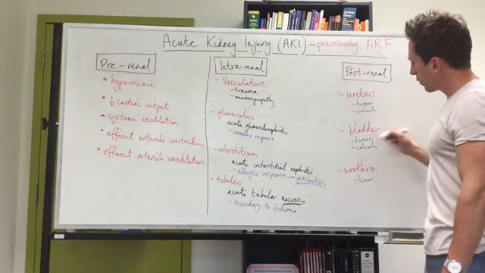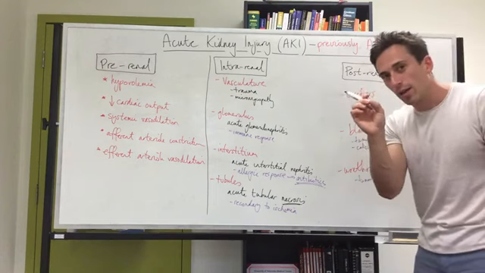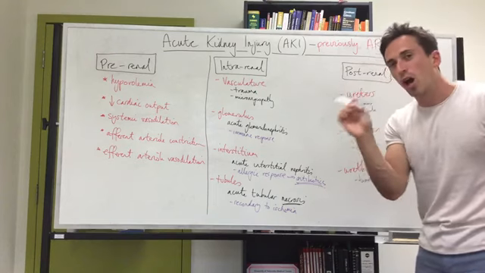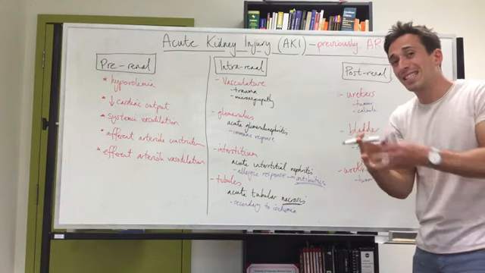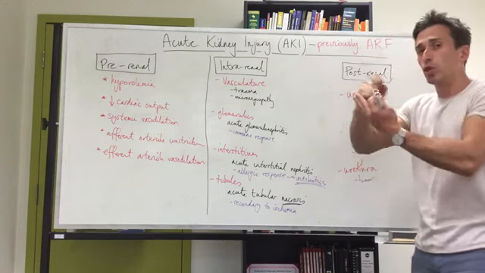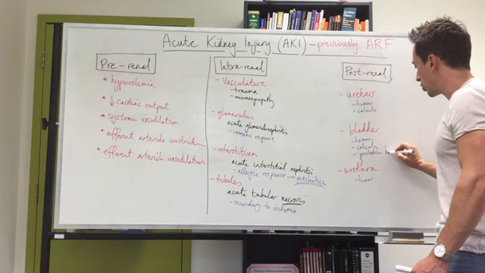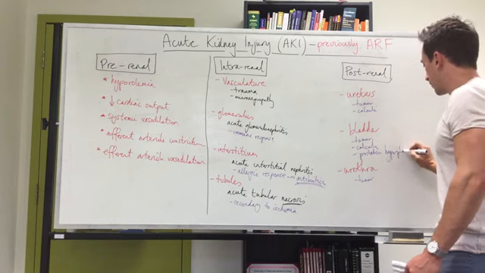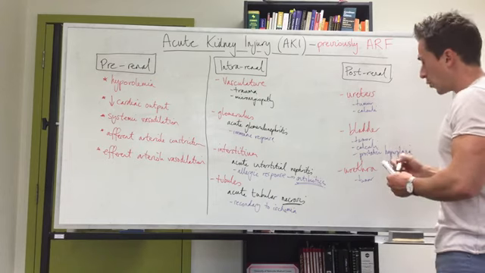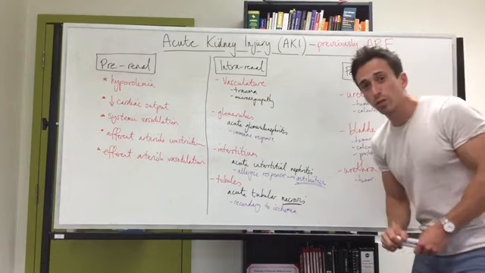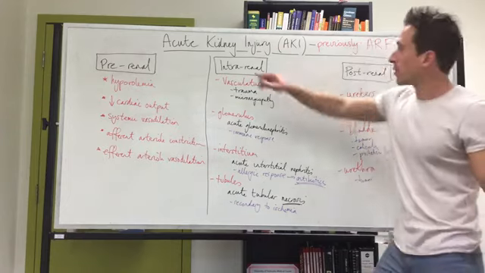Now when it comes to the bladder, if we're looking at the neck of the bladder, sometimes prostatic hyperplasia, so if that prostate starts to get too large, you can start to push on the neck of the bladder and cause some obstruction. So prostatic hyperplasia. We might leave it there. That's a good couple of causes for acute kidney injury.